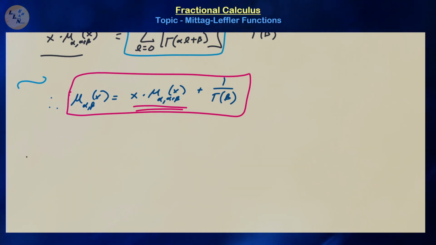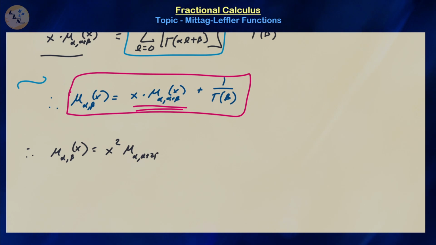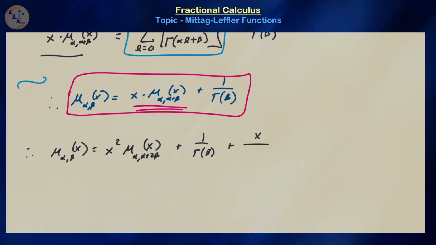For example, if we want to replace beta with alpha plus beta, that means alpha plus beta becomes alpha plus 2 beta, right? So Mittag-Leffler alpha beta can be expressed instead as x squared Mittag-Leffler alpha, alpha plus 2 beta of x, plus 1 over gamma of beta plus x over gamma of beta plus alpha.